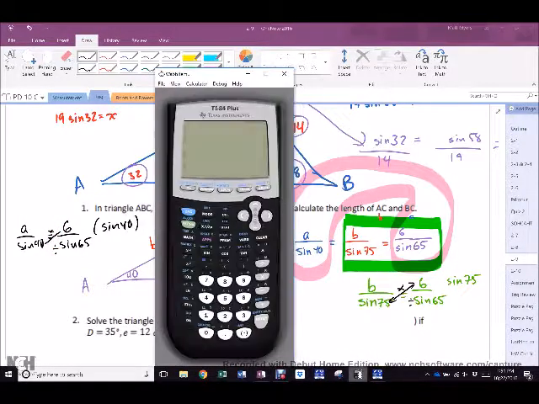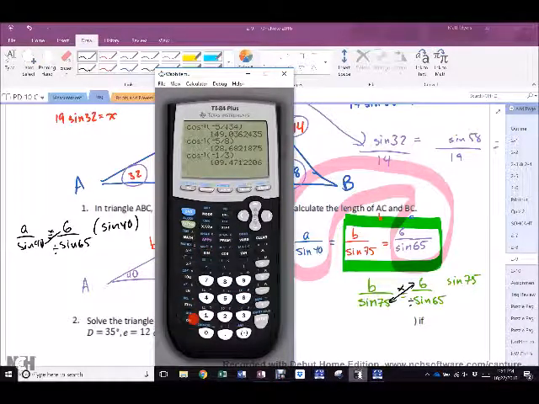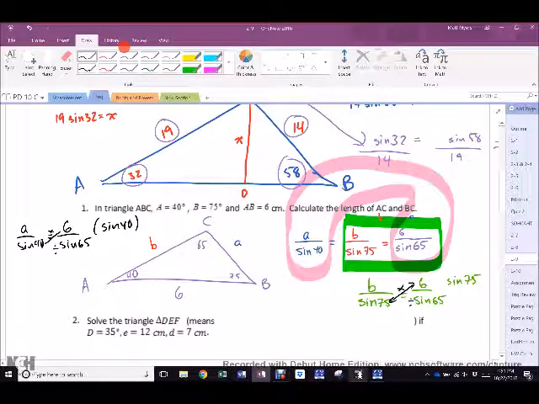So I go to my calculator and I do 6 sine 75 divided by sine 65. And I get 6.39 for B. Everybody cool? You all just watch it happen, right? So B, 6.39. Yeah?